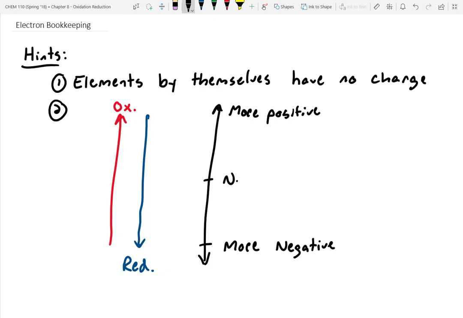And then in between, you've got neutral. So for example, if you're going from neutral to more positive, you're going in the oxidative direction. If you're going from neutral to negative, you're going in the reduction direction. Does that make sense? It looks pretty strange right now, but let's see it in context and then we'll go back and look at this again.